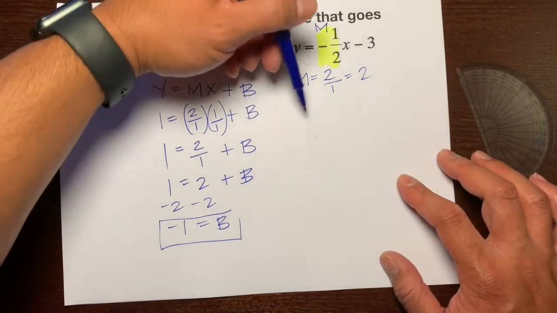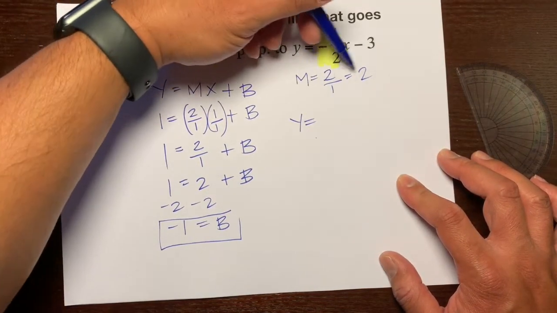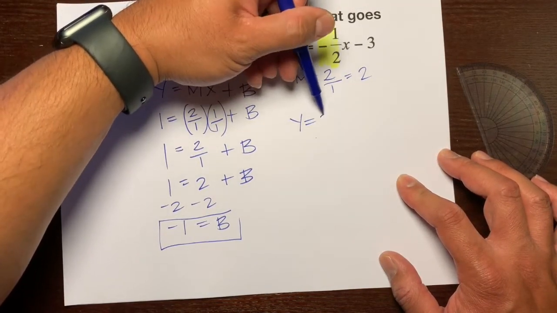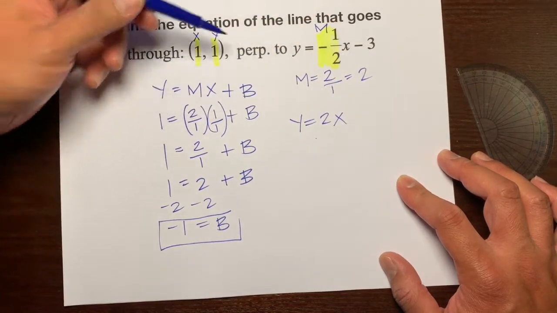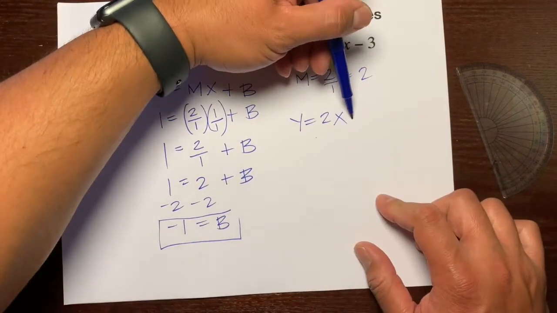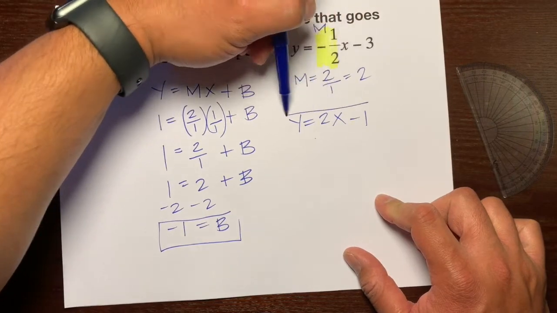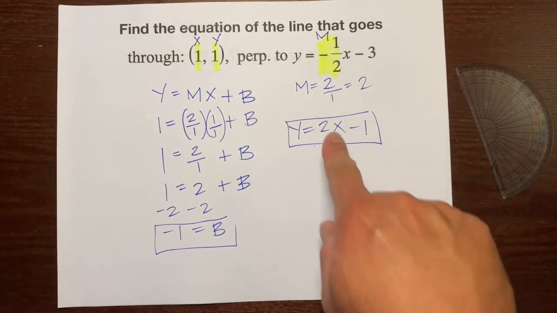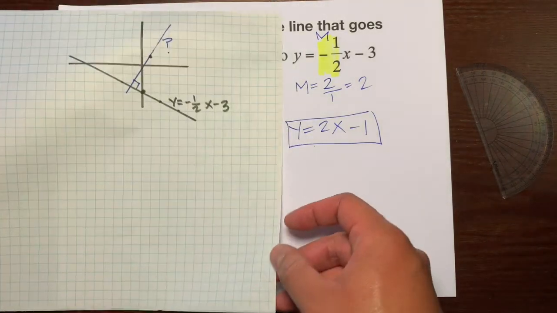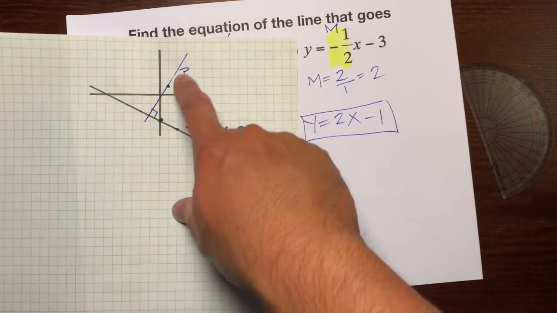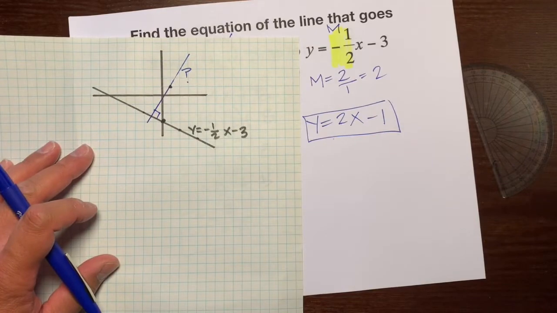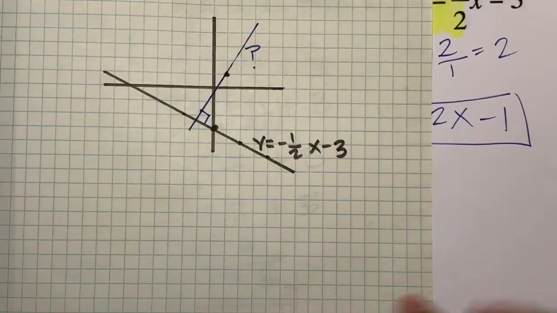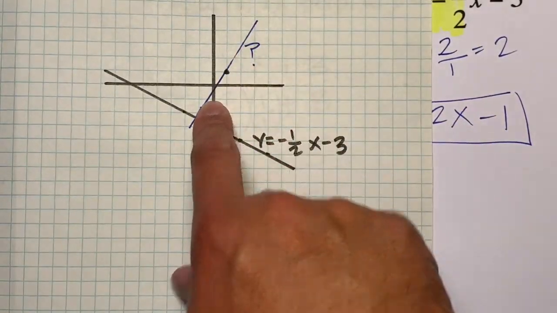So now we're going to write y equals the m that we use. Our slope is 2x, and our b is negative 1. So there is our equation of this line. And so this was a quick sketch, so here's our equation.